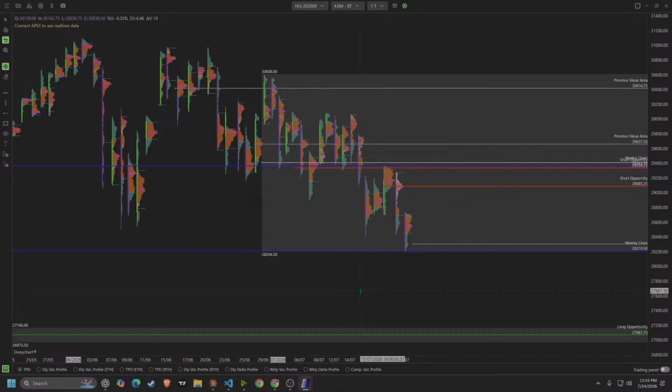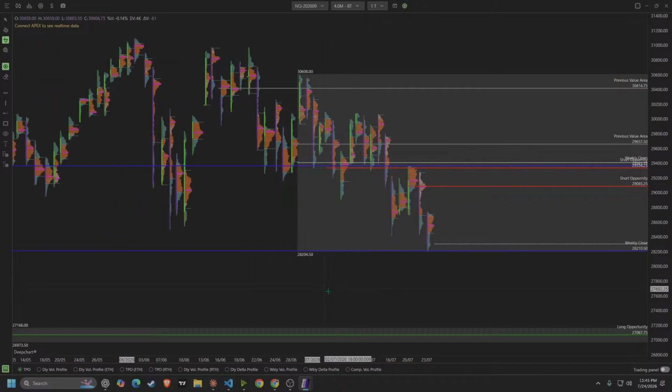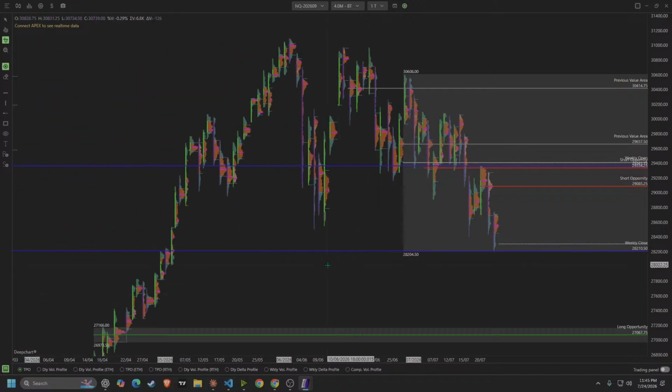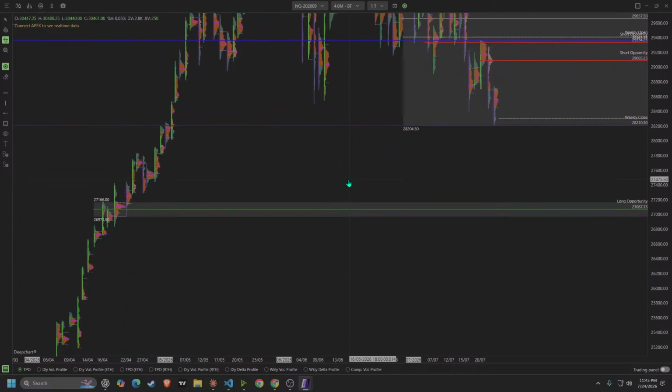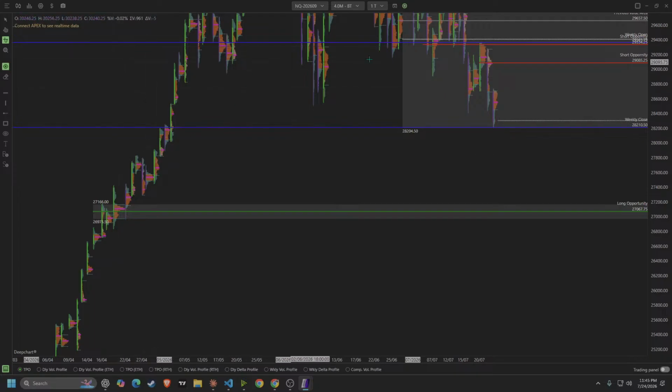But long term, that's what we're looking at. Okay. So I like that. That's our long term analysis on where price has been, where price could react to in the future. And there's not a lot down here, man. There's a lot of room just for it to go because there was no value.